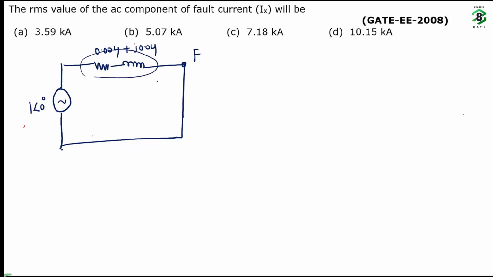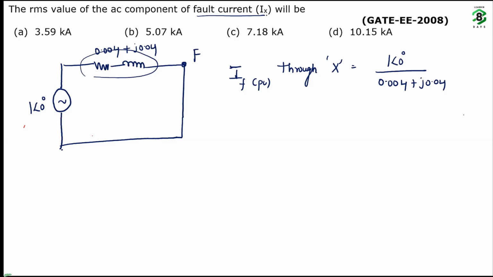Then if you calculate IF per unit through bus bar X, it will be 1.00 angle 0 divided by 0.004 plus j 0.04. This is the per unit fault current flowing through the bus bar X, that is Ix.